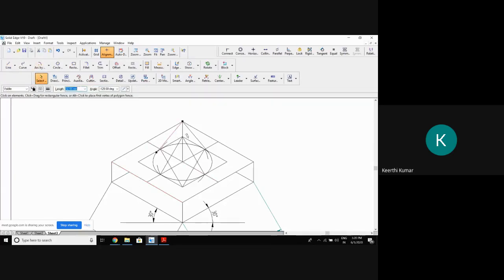What all is visible? This will be visible. This cone will be visible. See, only this will be visible. I'll go for the fit view.